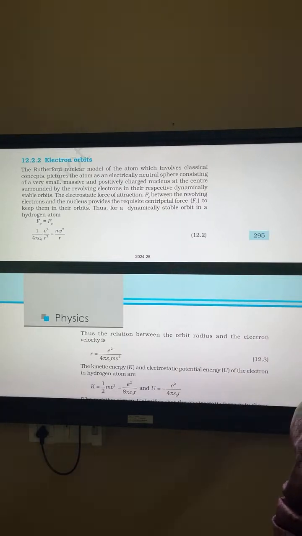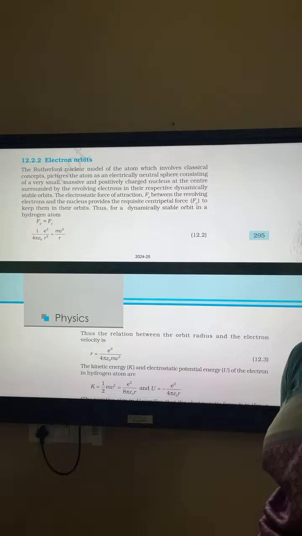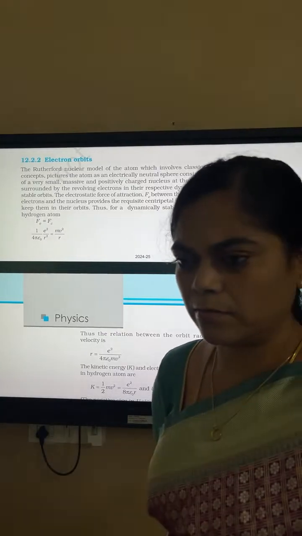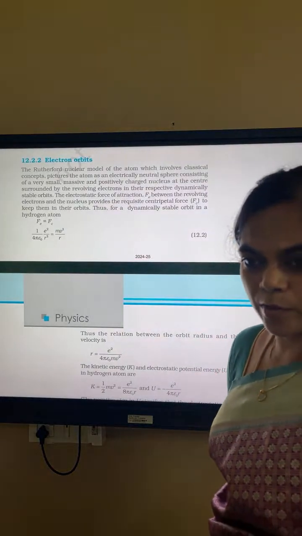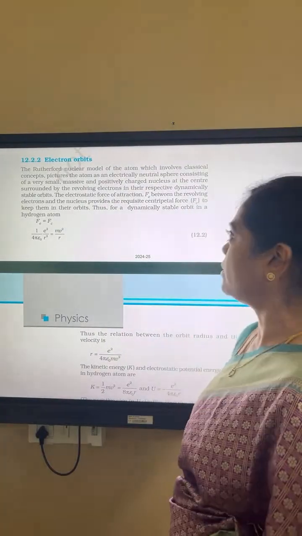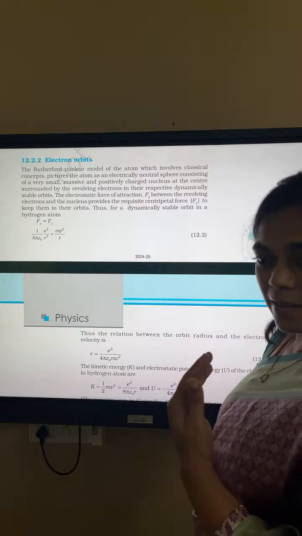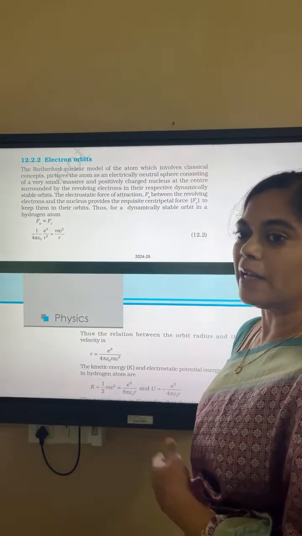What is an electrically neutral sphere? An atom is said to be electrically neutral. Why? The number of protons is equal to the number of electrons. Both are equal in number, so that atom is neutral.